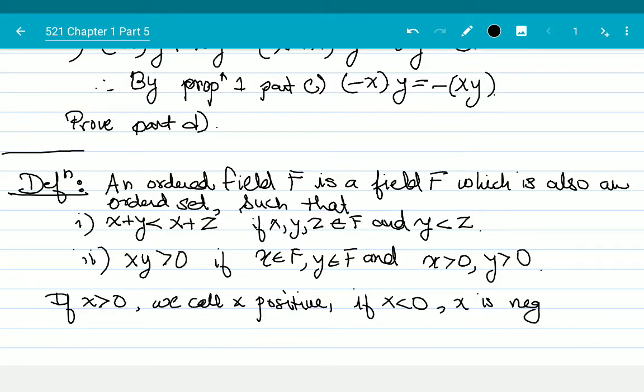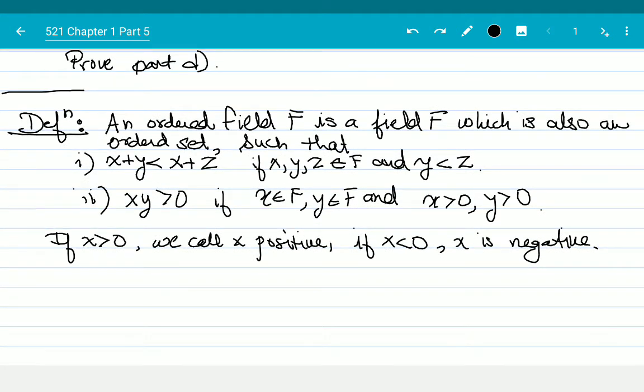Both things are going to work as you would expect them to work in rationals or reals. Things that you assume should work, do work.